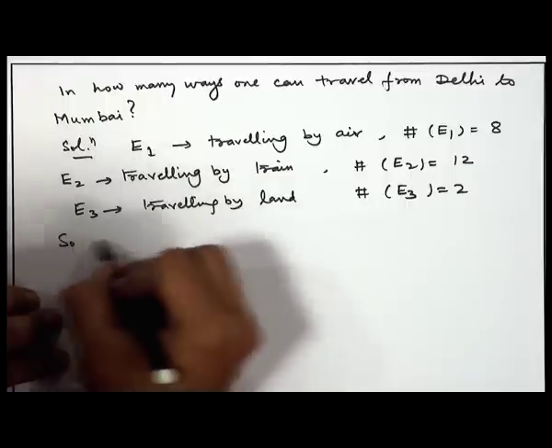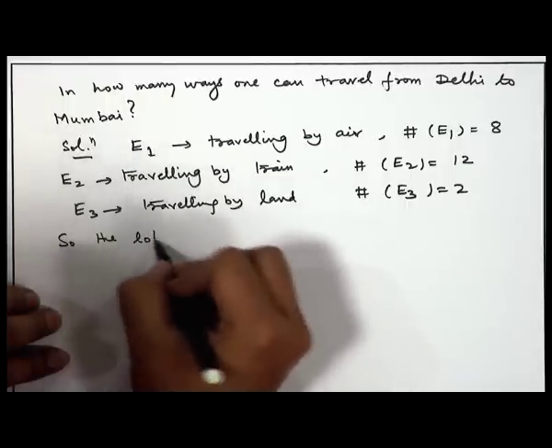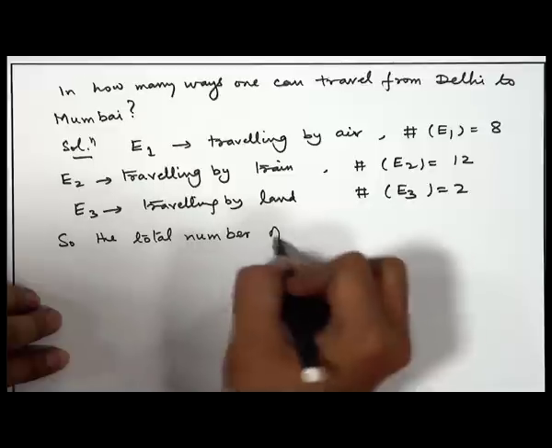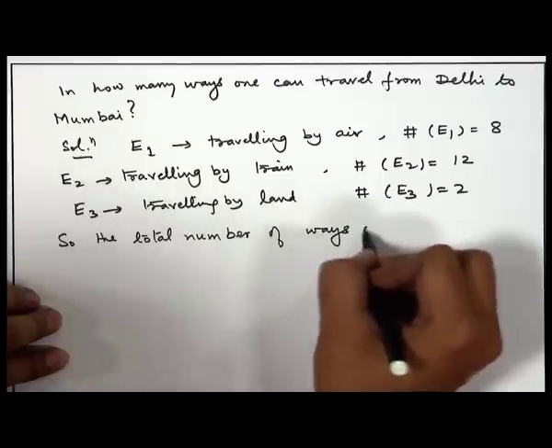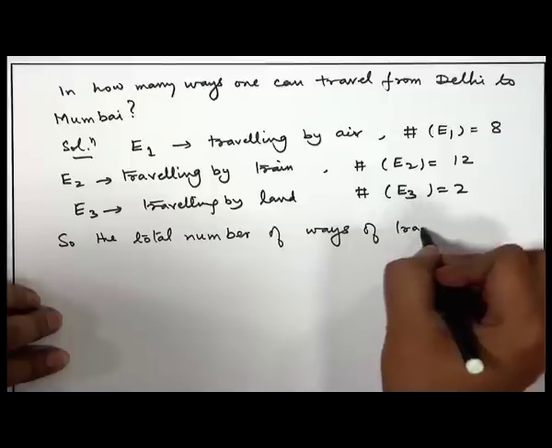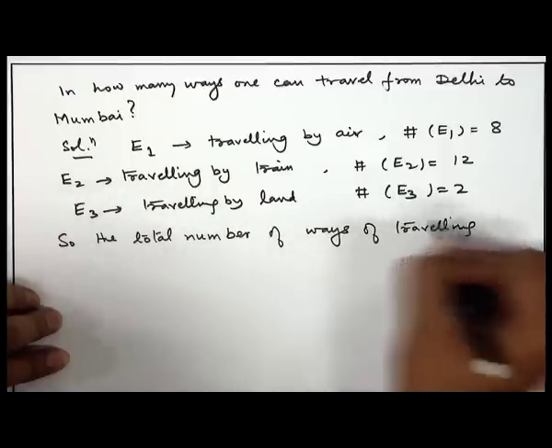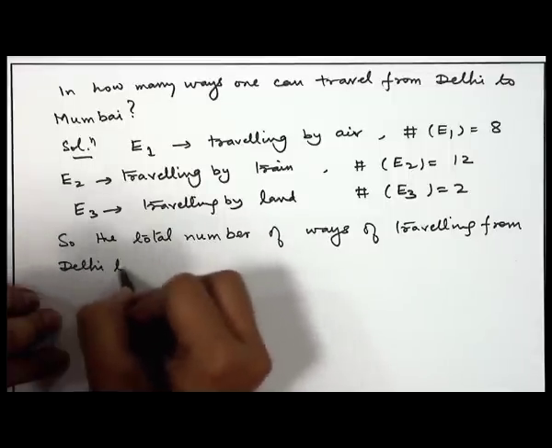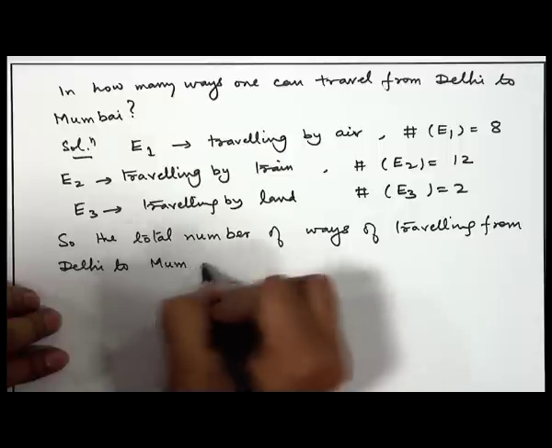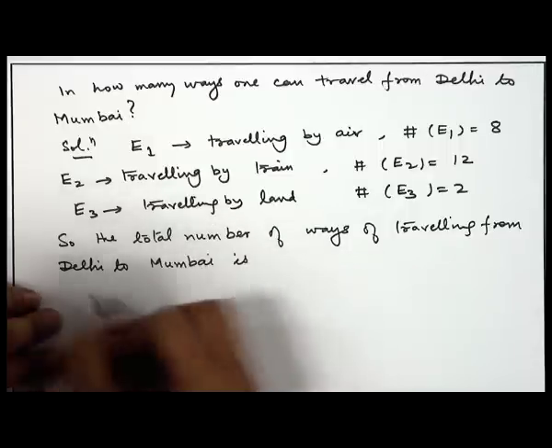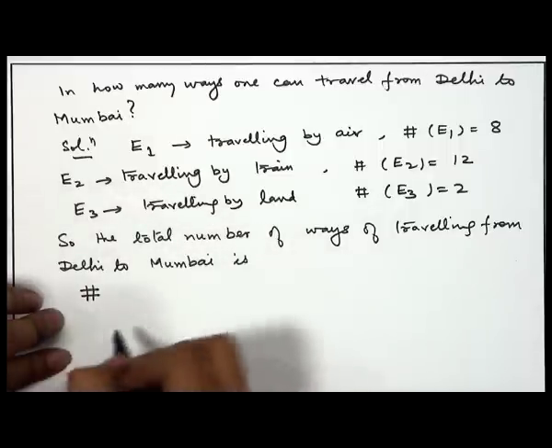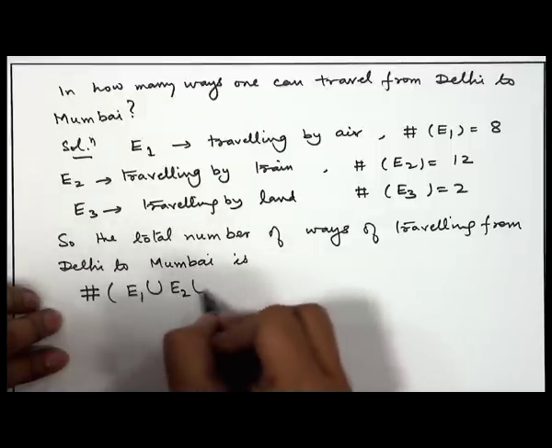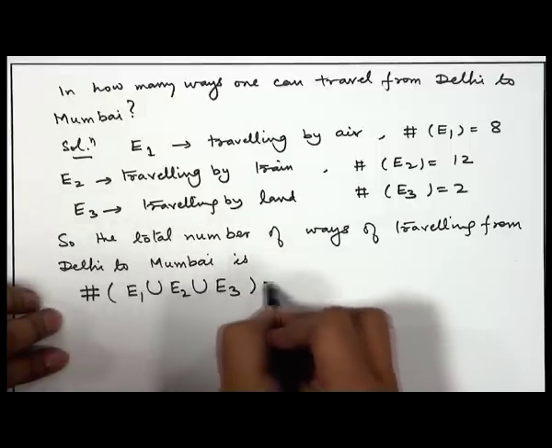So, the total number of ways of travelling from Delhi to Mumbai is, so this will be cardinality of E1 union E2 union E3, which are all disjoint.